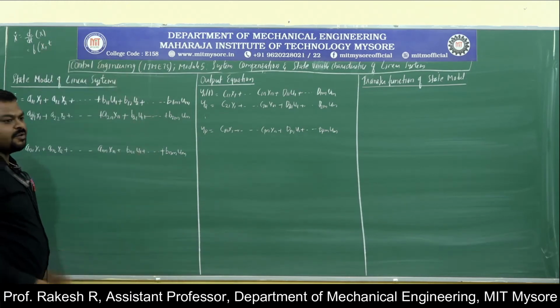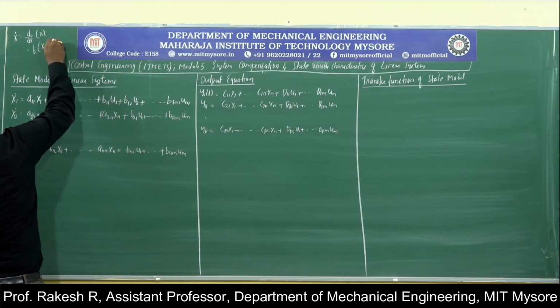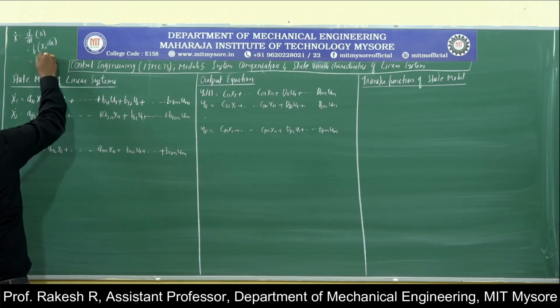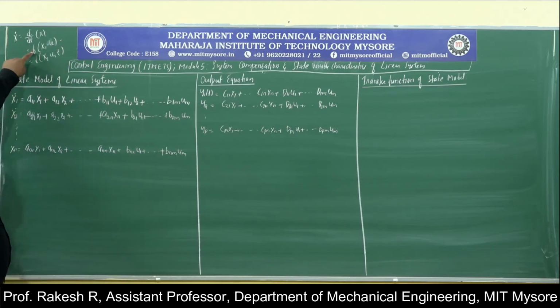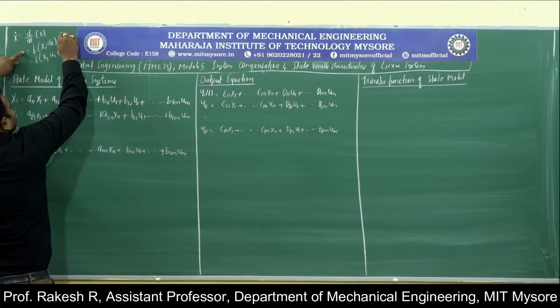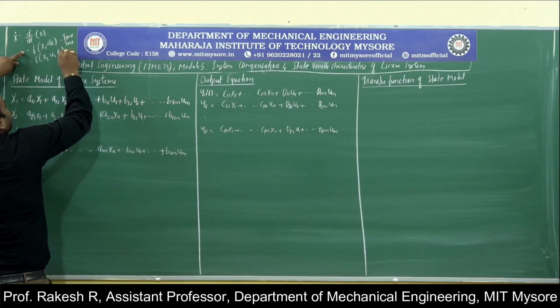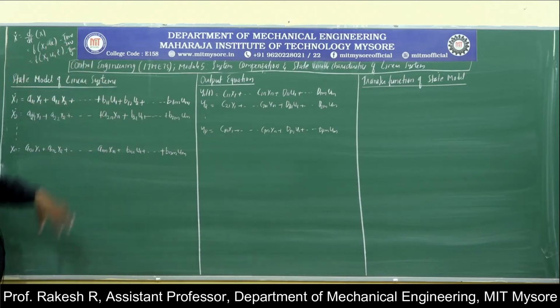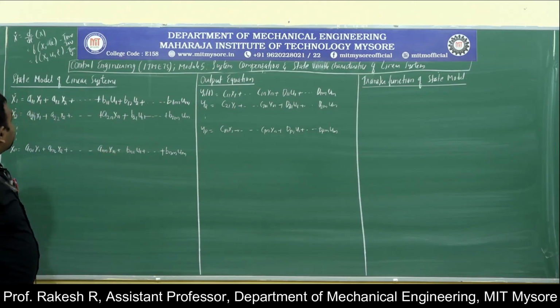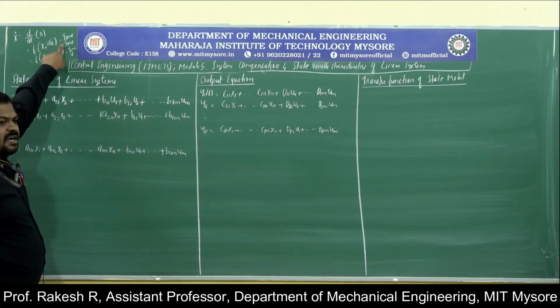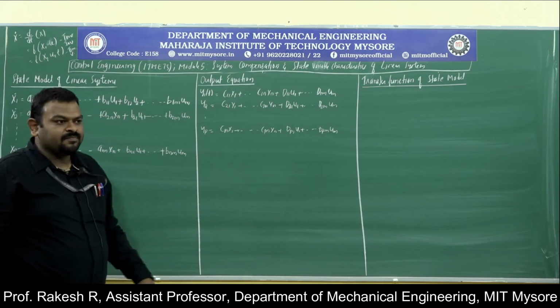If the inputs are u, it will be the function f of x, u comma t. If it does not vary with respect to time, it is a time invariant system. If it varies with respect to time, it is a time variant system. So here we will consider the time invariant system, where x depends upon only x and u is the input.